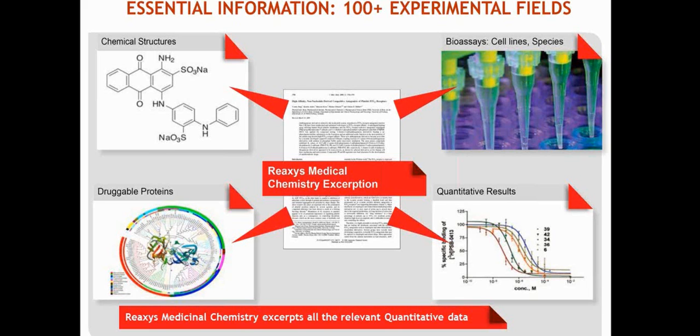And the biggest difference between this tool and other tools, like if you thought of a tool like ChEMBL that's online, is the high rate of curation and the amount of data in it.